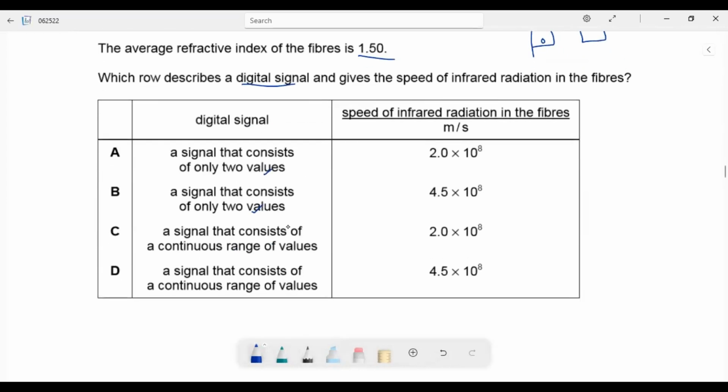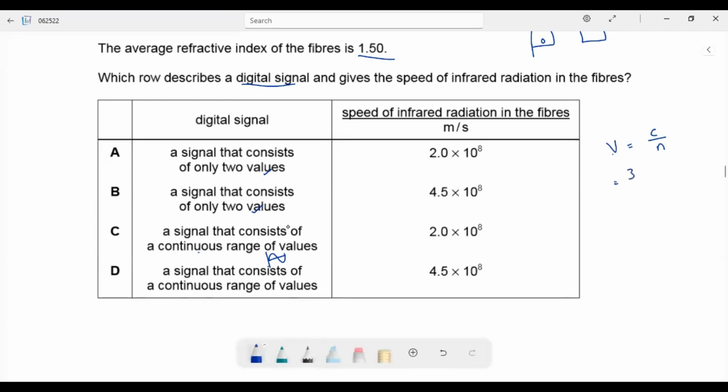These two options represent continuous range of values. That is your AC or analog signals. Continuous values means analog signals. So out of these two, we need to choose this. For that, we can find the speed. Speed of light in a medium can be written as speed of light in vacuum divided by refractive index of the medium.